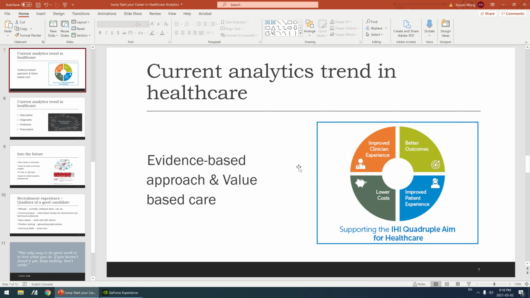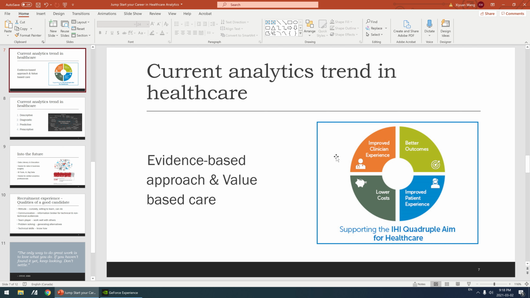So utilizing data in healthcare analytics really helps to make those informed decisions. We're looking at improved efficiencies, better outcomes for patients, and lowering the financial cost. How can we spend every dollar in healthcare more effectively, have more value, and overall improve the patient experiences as well?